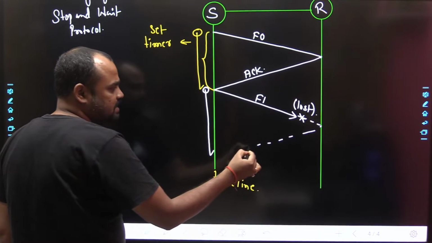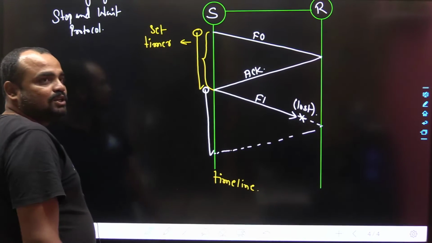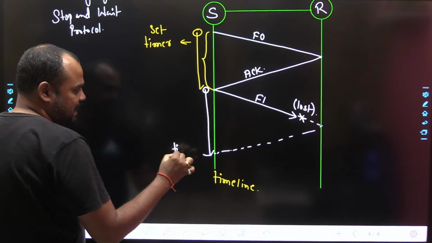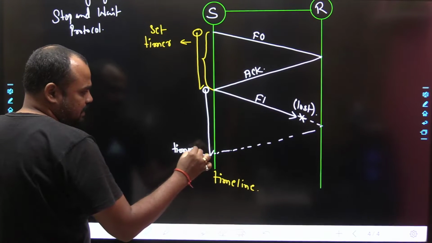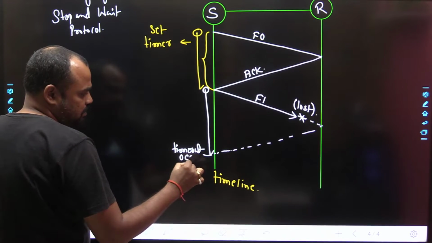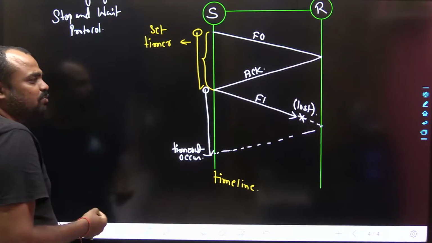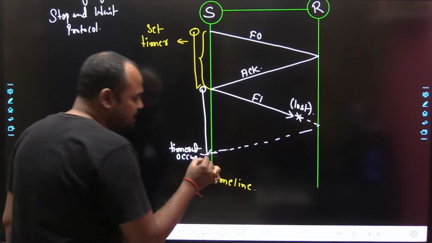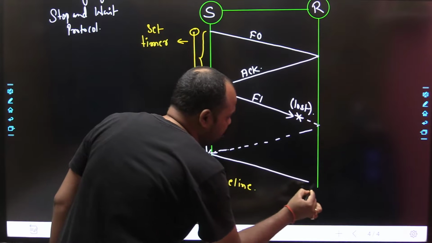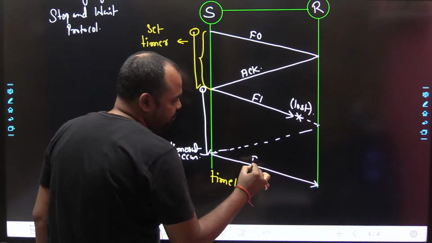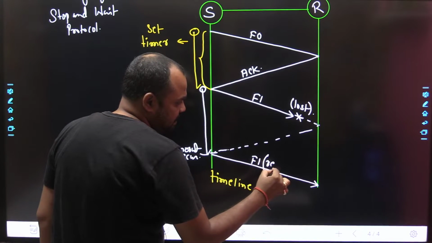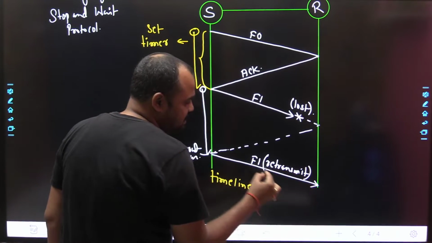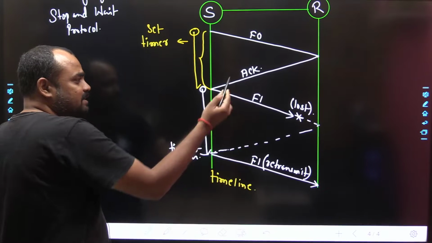So here at this point, the timeout occurs. If before the timeout the sender is not receiving the acknowledgement, what will it do? Just after the timeout, it will retransmit the frame F1. So here the retransmission will be done, retransmitting the same frame F1 which was sent earlier.